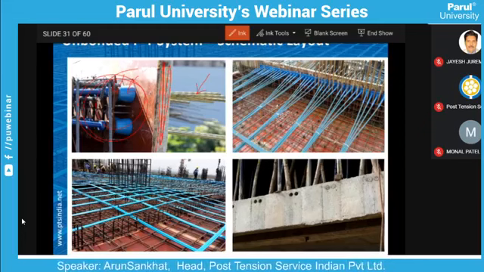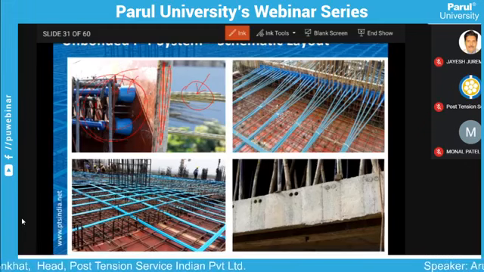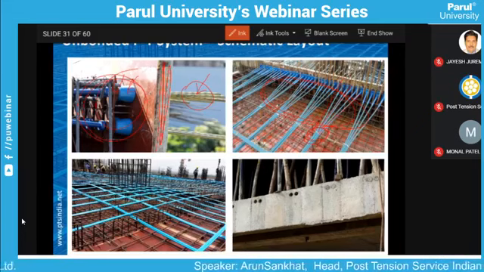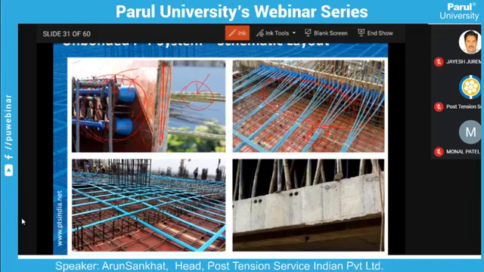You can see that the cables have grease applied. This is from the inner side. You can have a group of cables, and the groups are separated, and each cable has its own anchorage. That is why it is known as monostrand. So this is a monostrand unbonded PT system.